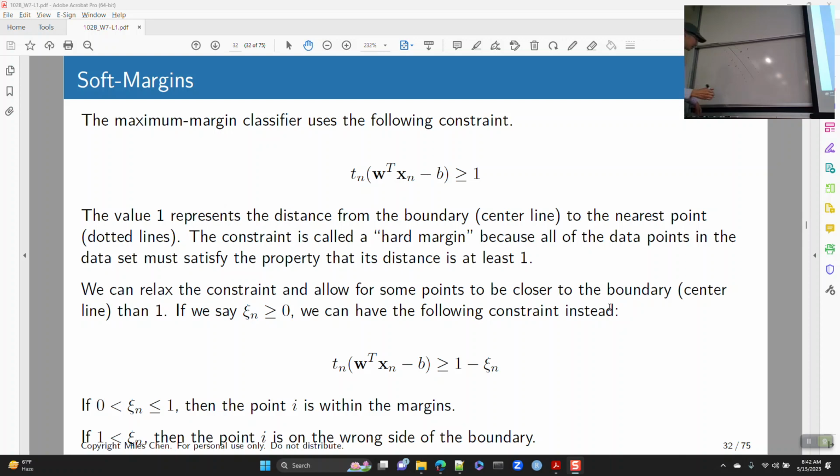Now, if I added, let's say, a minus sign right here, okay? If I added a minus sign here, now my boundary has to go like this, right? Using the maximum margin classifier.